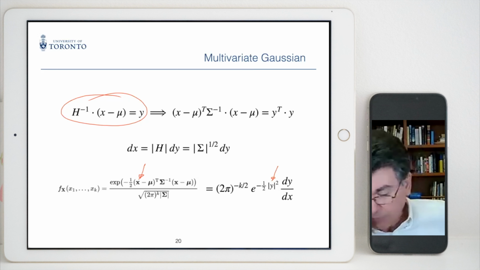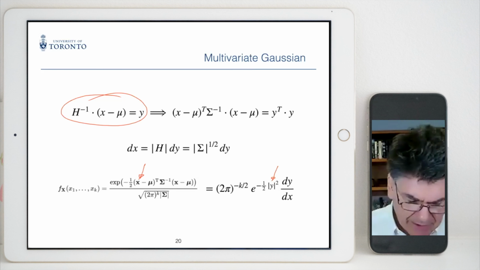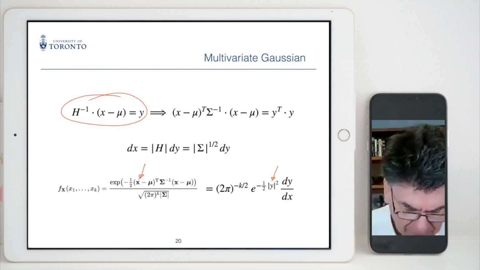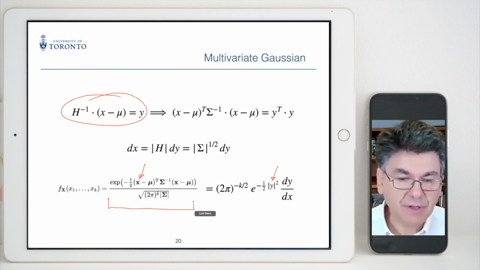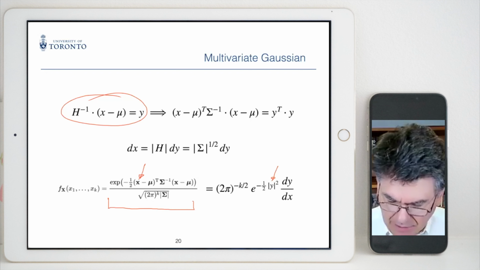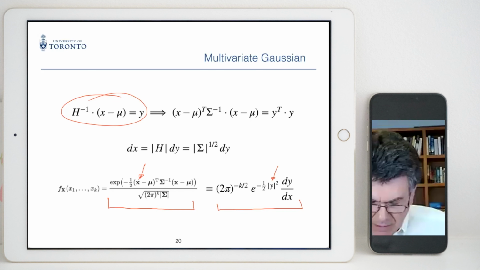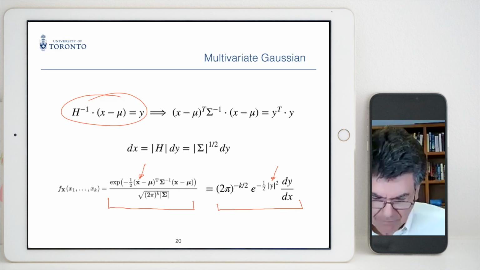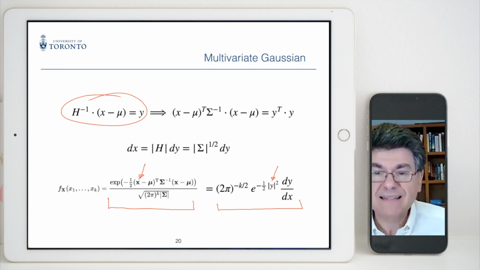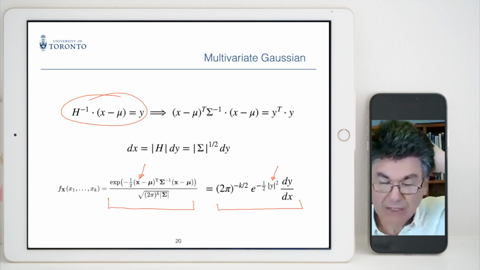I'll just tell you, I don't have time, that the Cholesky decomposition is able to transform my multivariate Gaussian density into a very easy one-dimensional Gaussian. So for sampling, for generating scenarios, this is going to be very useful. We will see that next week.